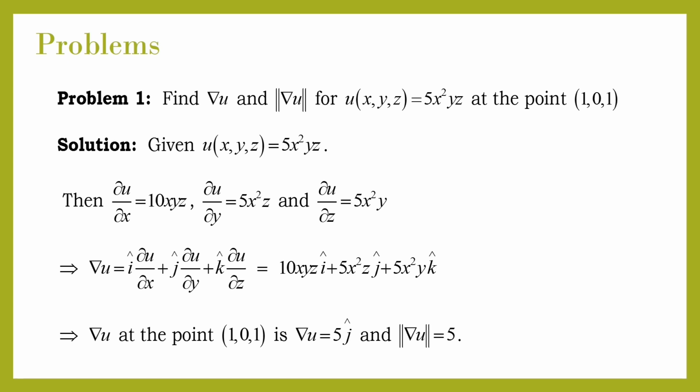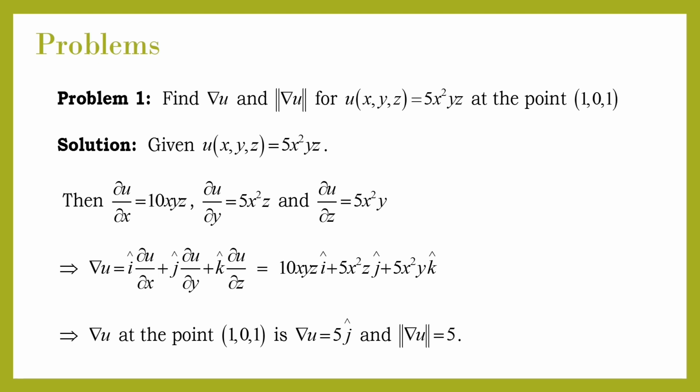If we want to find out its gradient del u, what we have to find first? We need to find out its partial derivatives dou u by dou x, dou u by dou y and dou u by dou z first.